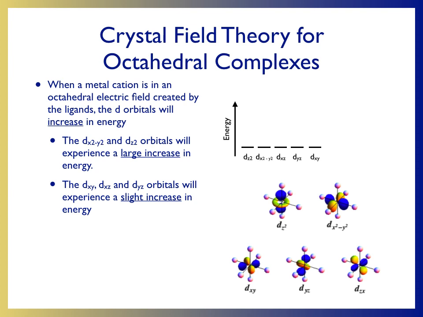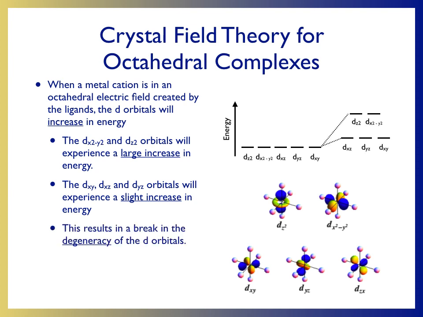This causes a split in the d orbital energies, as shown in the picture on the top right. The dxz, dyz, and dxy orbitals undergo a smaller increase in energy than the dx squared minus y squared and dz squared orbitals. This results in three orbitals having a lower energy than two of the other orbitals.